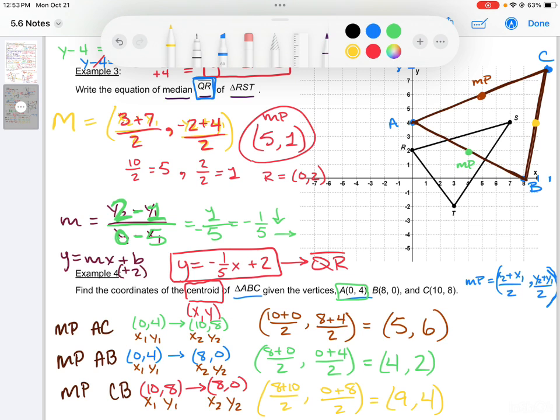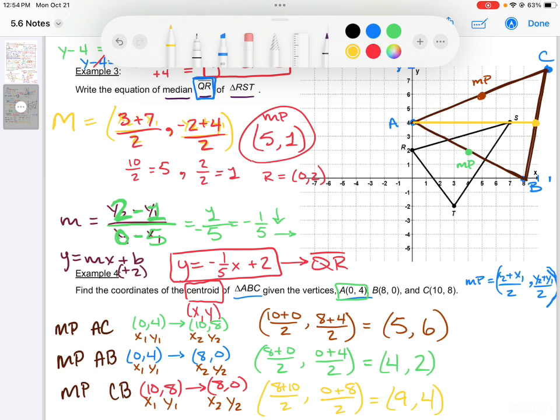Now, what I am going to do is connect them to their opposite vertices. So if I go from the yellow midpoint I just drew over to A, I connect those two.